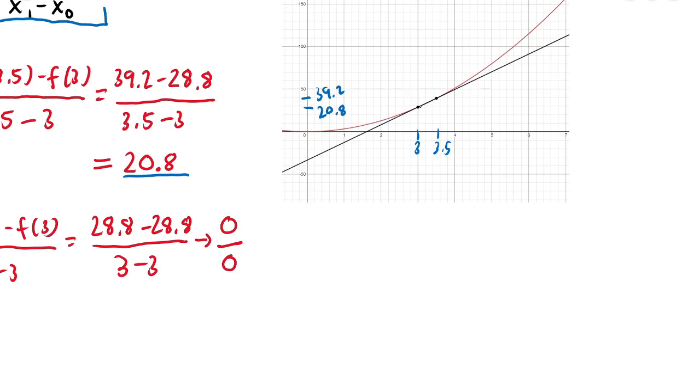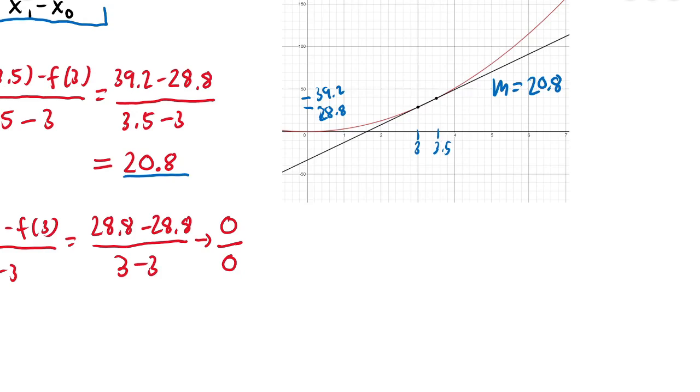That means the slope of a line, because all we're doing is finding the slope of a line through 2 points, will be 20.8. So that will be our answer here.